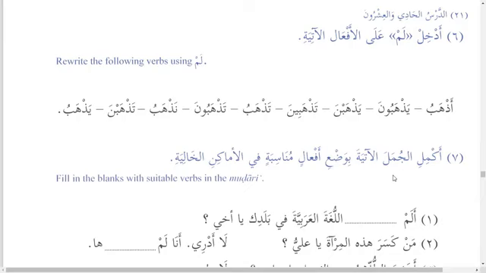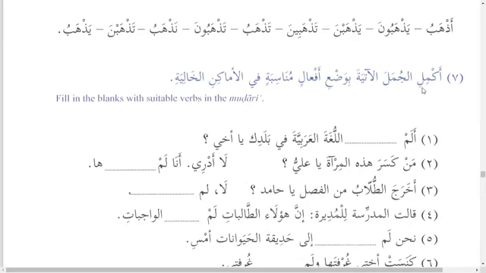Now we have akmil. Can you make the tasrif of akmil, starting from the past and the present? The masdar is easier, we know masdar never changes. أكمل يكمل أكمل إكمالا. Lam tukmil, لا تكمل. The one who completes is called مكمل.